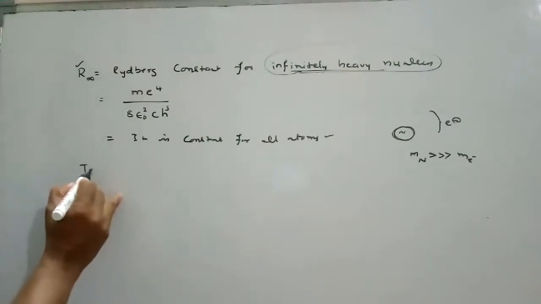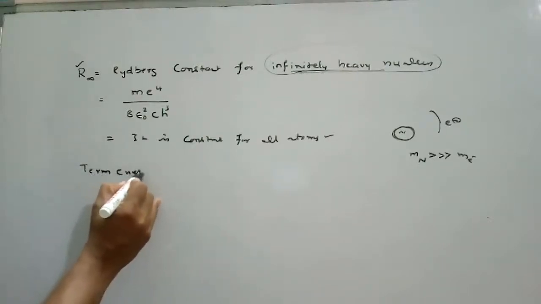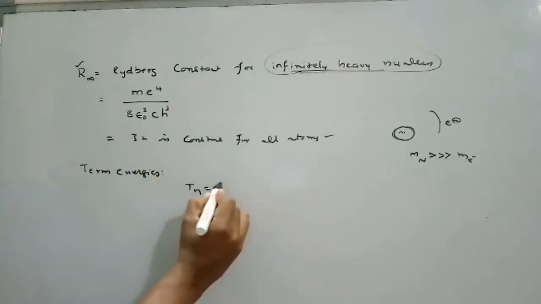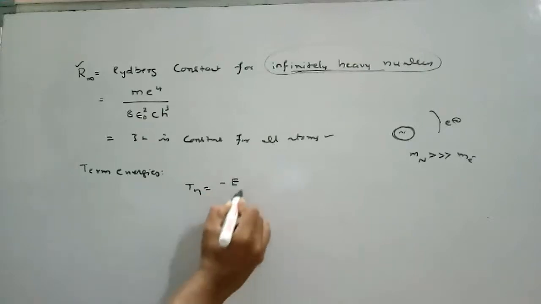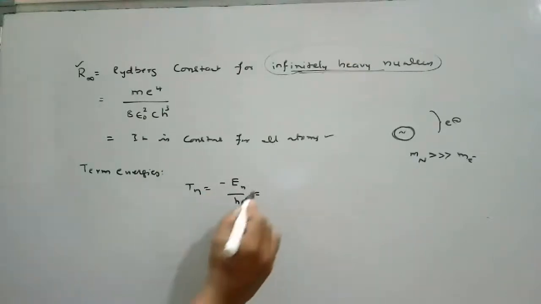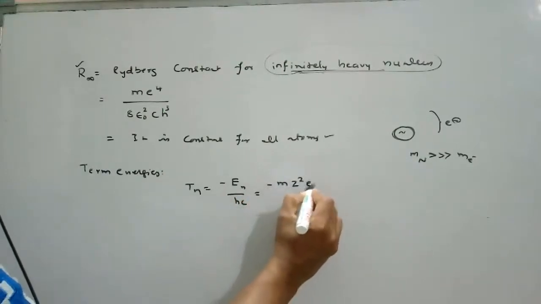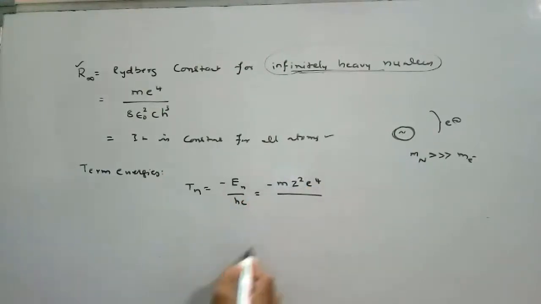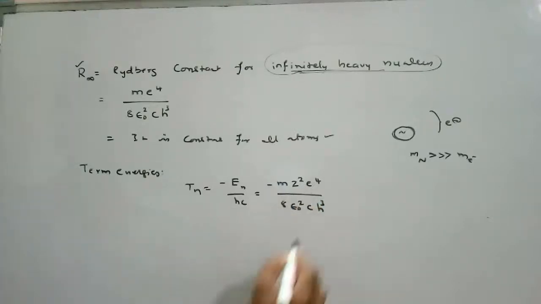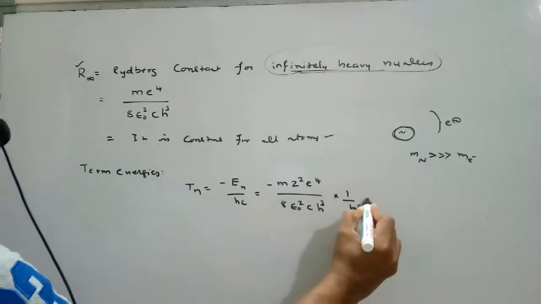One more term, term energies. The term energy Tn equals minus En by hc, which is m Z square e power 4 by 8 epsilon naught square c h cube times 1 by n square.